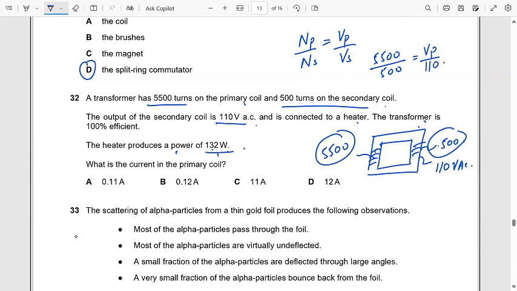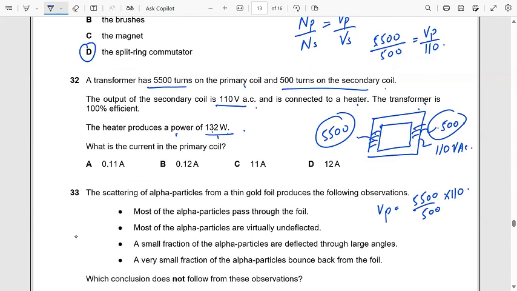Once you solve it, you get 5500 over 500 into 110, which will give you the primary voltage. क्या आ रही है primary voltage?